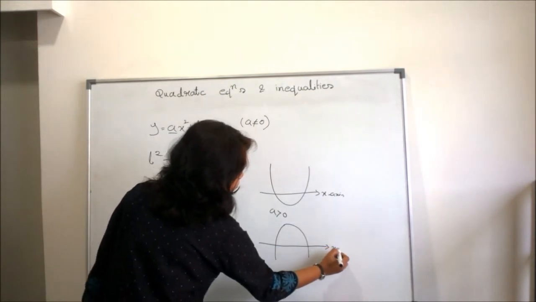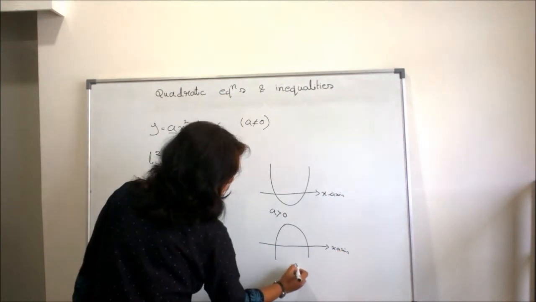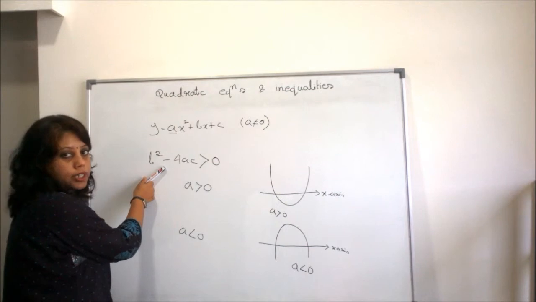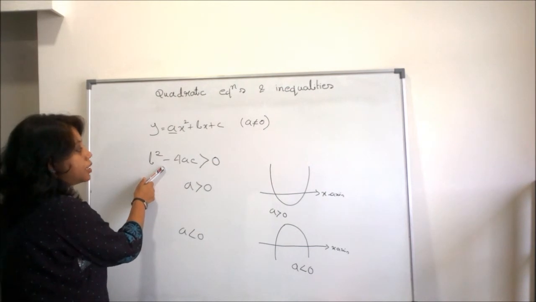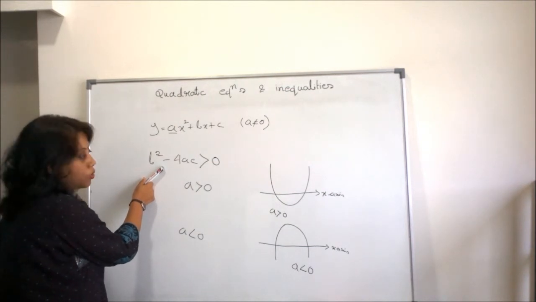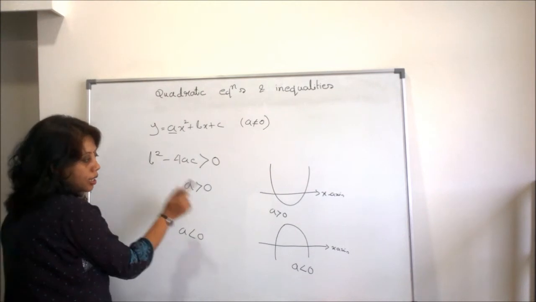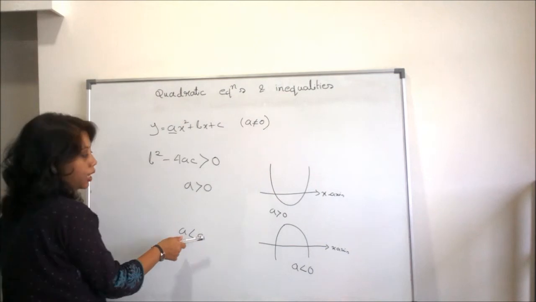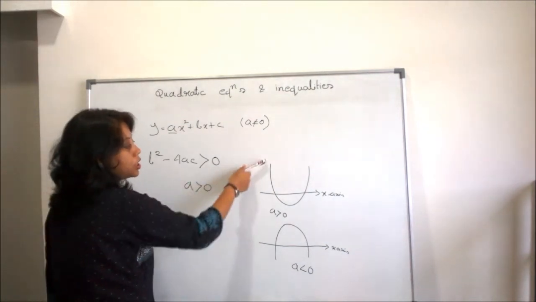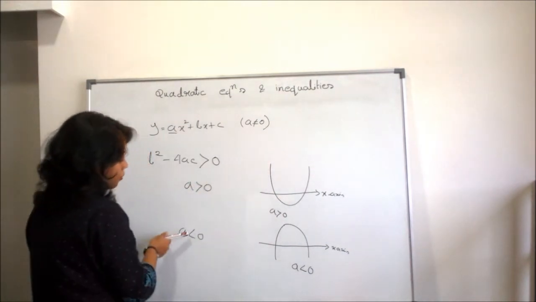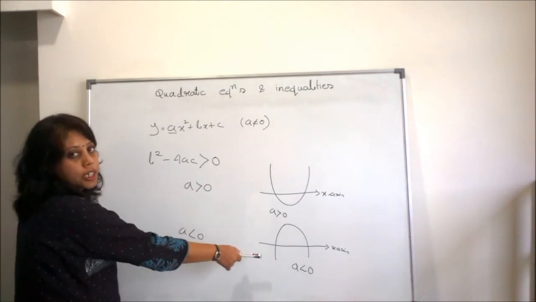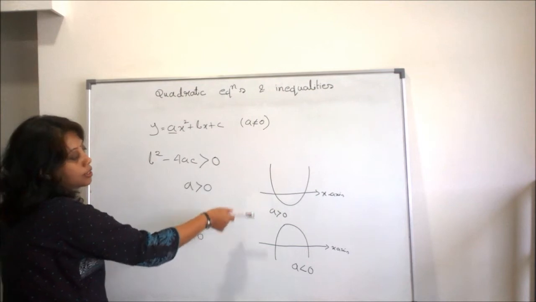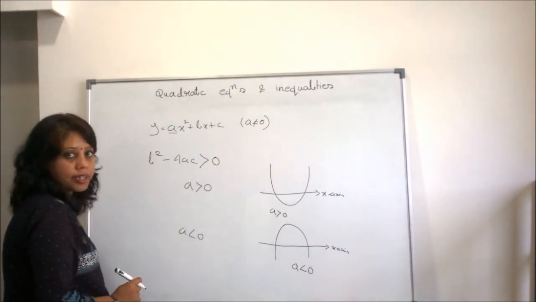So when b squared minus 4ac, the discriminant, is greater than 0, the curve will intersect the x-axis. When a is greater than 0, the shape will be of this form. When a is less than 0, the shape will be of that form. But in both cases, they intersect our x-axis.